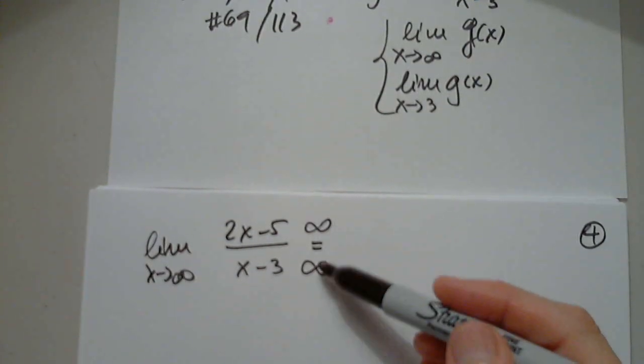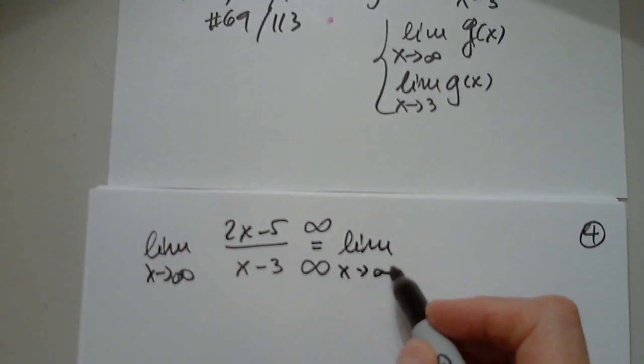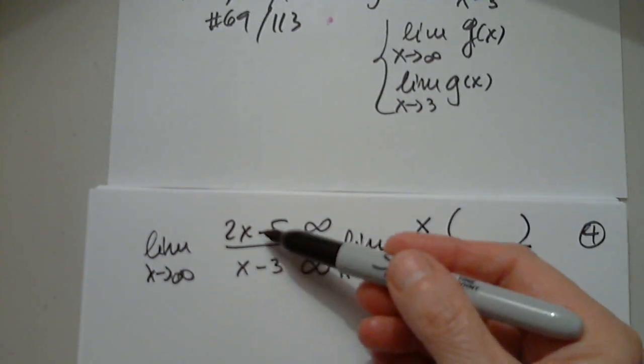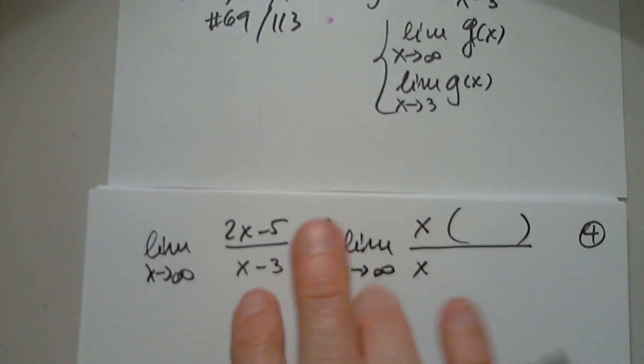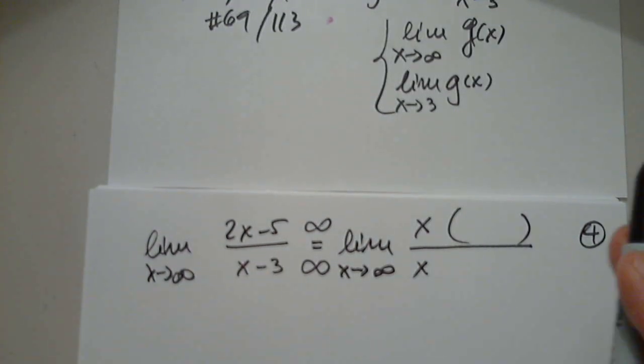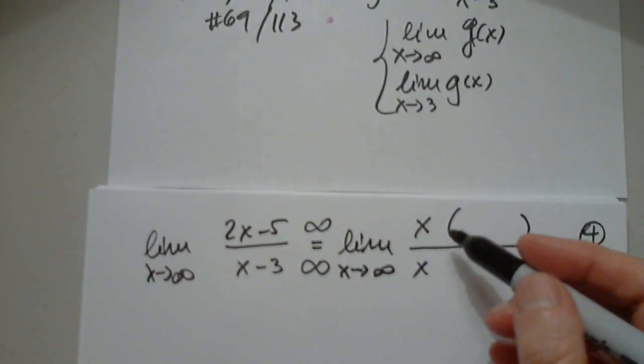So if that's the case, then if you also remember what we did when we discussed these limits, we factor out the degree. I see that both have the same degree, but it doesn't matter. I factor out the degree. If it's the same, fine. If it's not the same, I still factor out the degree for each. The degree here is 1, so I factor out x.